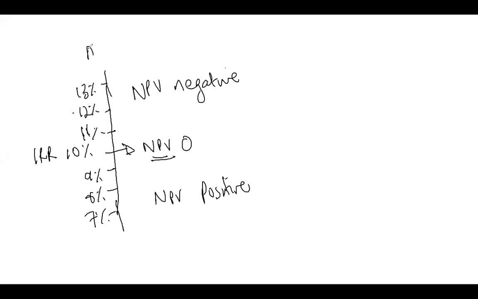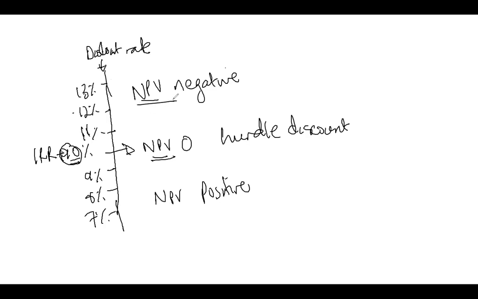So we can consider these right here to be discount rates, the ones that I've put here. So if the internal rate of return is 10%, it means that our NPV is 0. So the way the internal rate of return works, it works as a hurdle discount rate. It tells us that if we use a discount rate which is greater than the internal rate of return, for example, in this case, 11%, 12%, or 13%, our NPV is going to be negative.